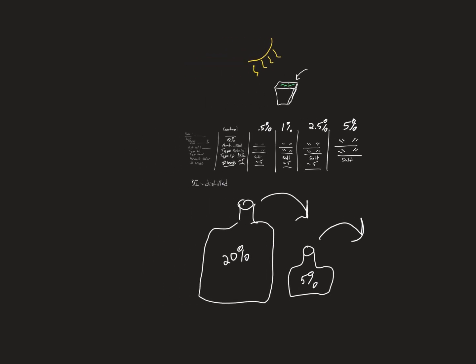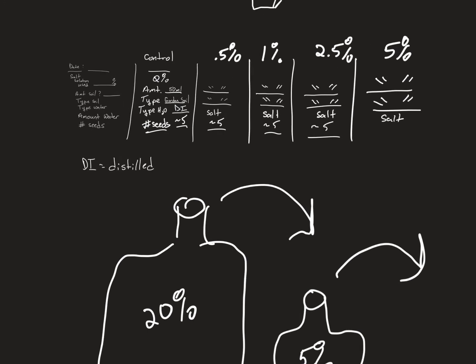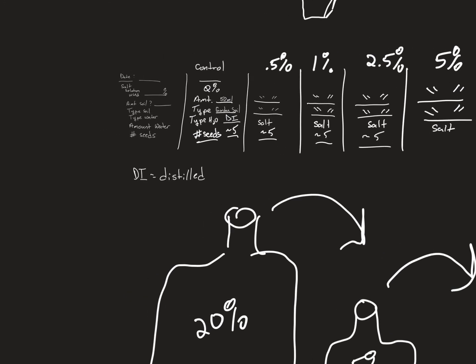And every day, you're going to add a certain milliliter of water. The amount of water, by the way, which I did not put here, is going to be about 10 milliliters, and that's going to be across the board, 10 milliliters.